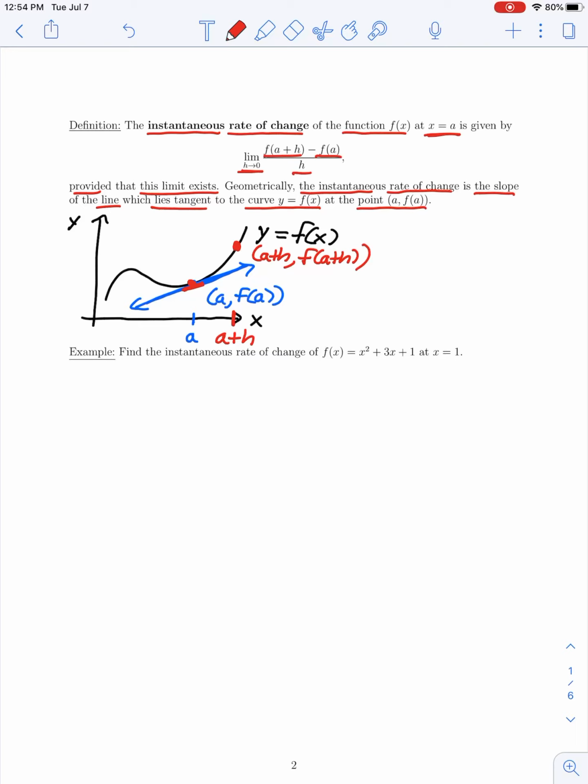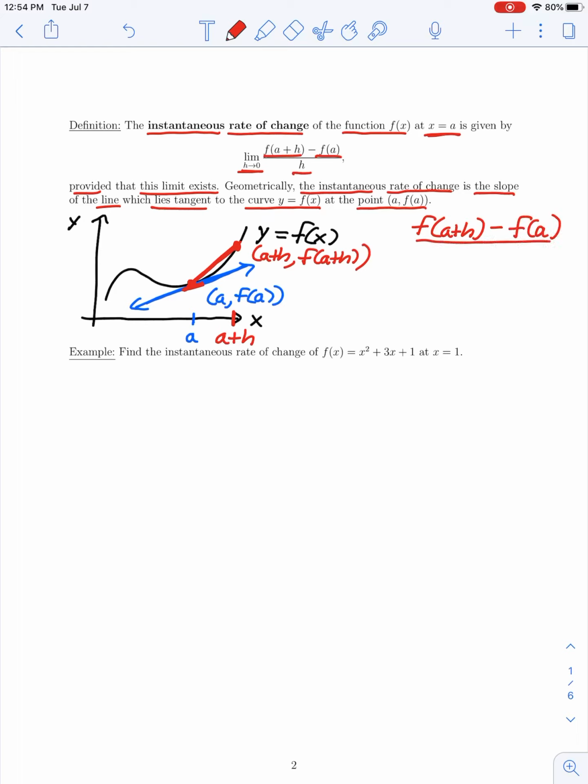And I know how to find the slope of the line which passes through those 2 points. So that would be given by the average rate of change of the function from a to a plus h. So that's the difference in the values of our function at a plus h and a.